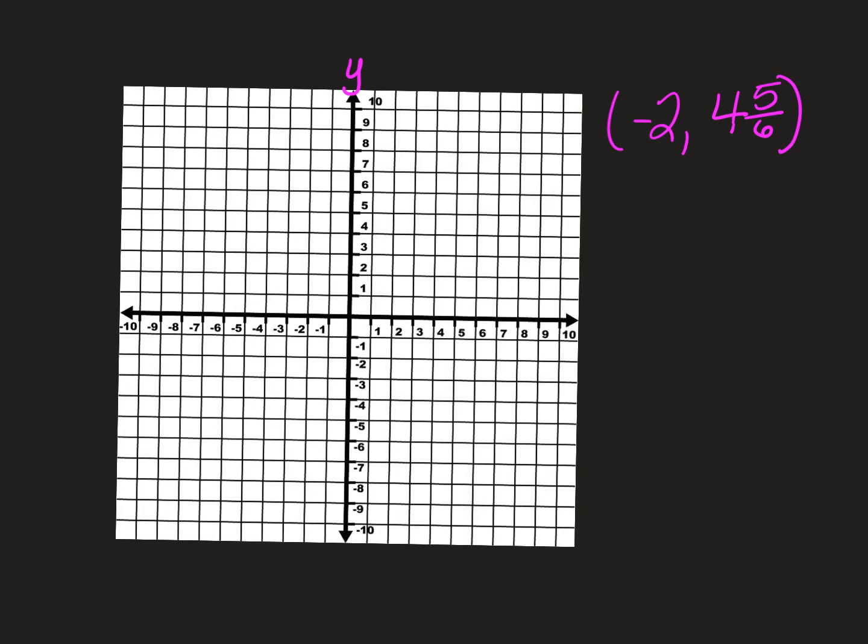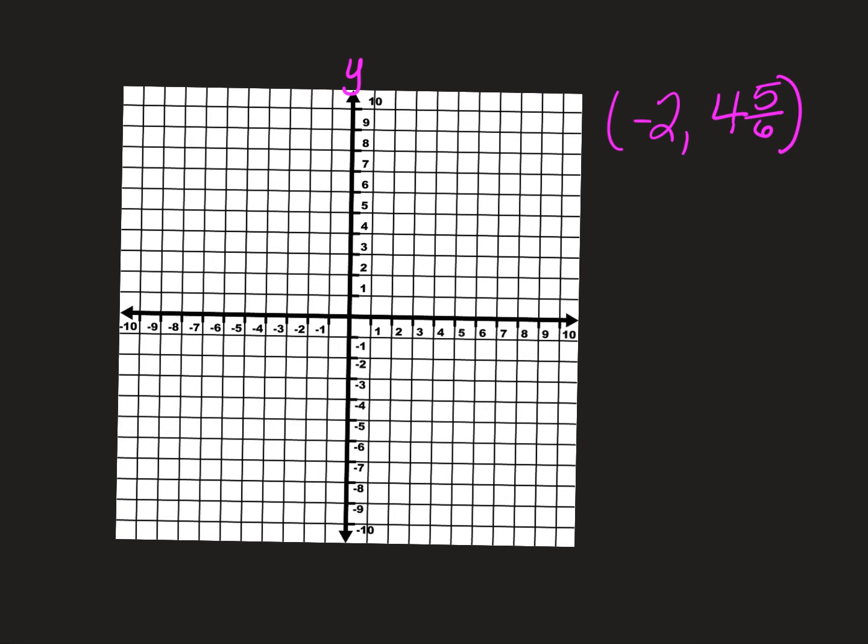Like in between, right? This is one of those, I'm going to do my best. Well, first of all, I'm going to start here with this -2. Everybody look. I'm at -2. And then 4 and 5/6 is positive, right? So I'm going up. -2 up to 4 and 5/6, approximately right in here.